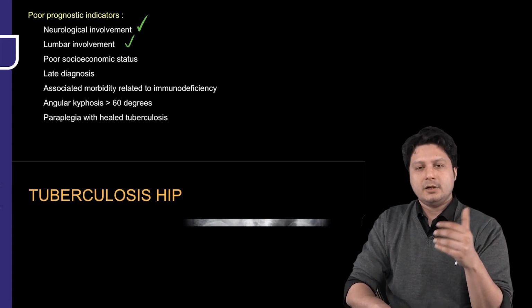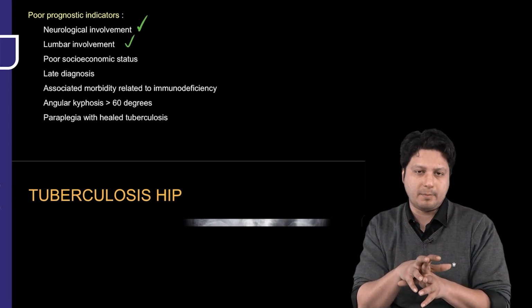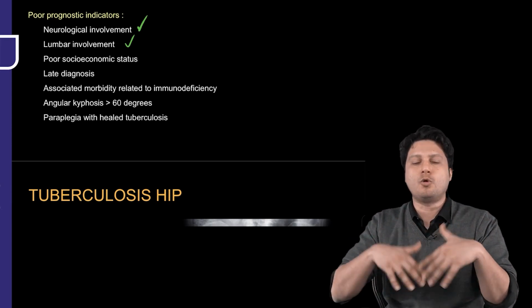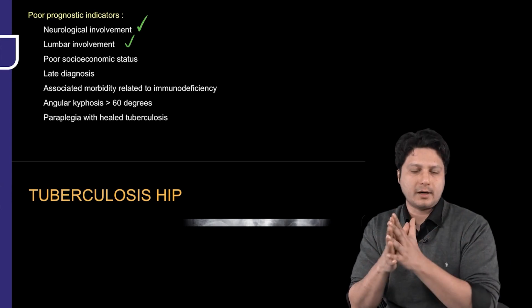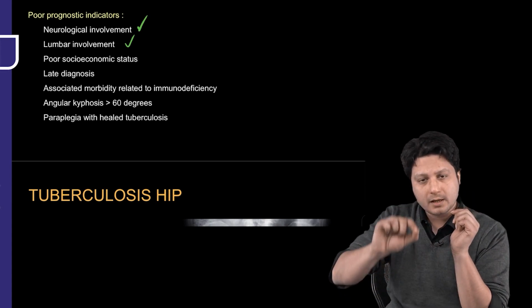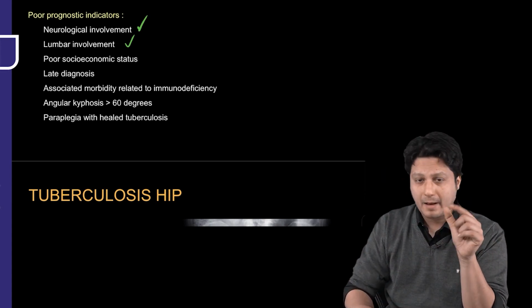Lumbar involvement: if there is a lumbar involvement, there is a possibility of cauda equina compression, and the cauda equina syndrome is likely to be missed because the patient doesn't go for the management initially. So, there could be a delay, as a result of which lumbar involvement of the nerves would have a poor prognostic outcome in comparison.